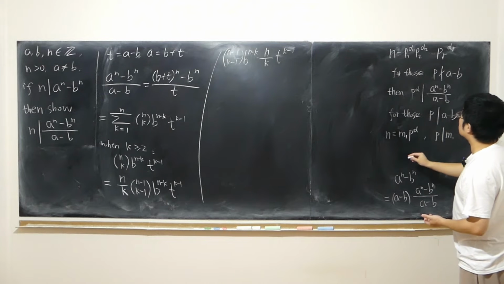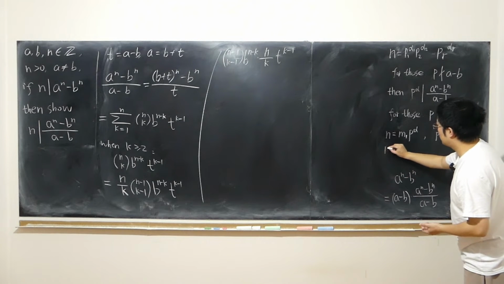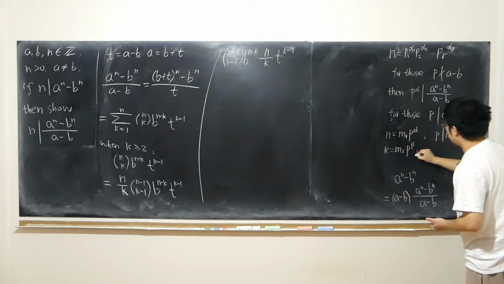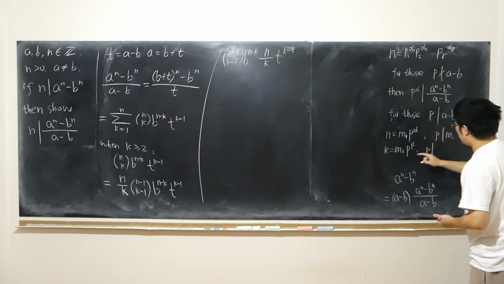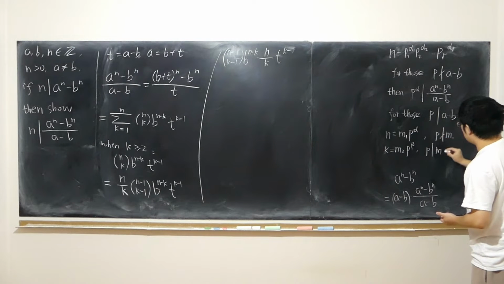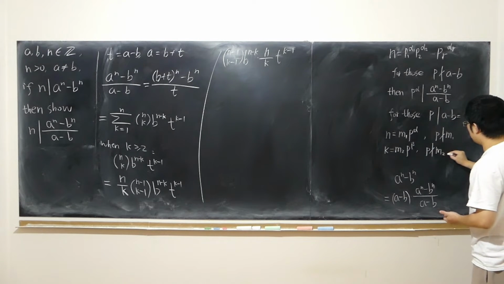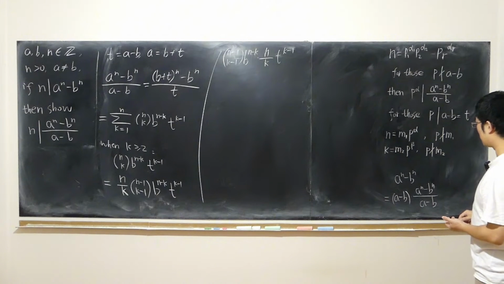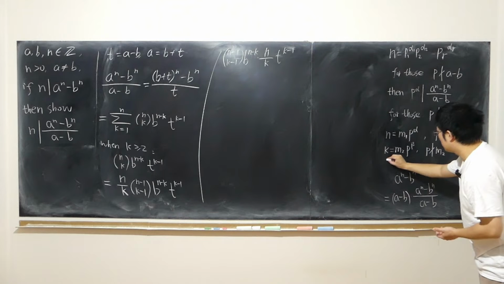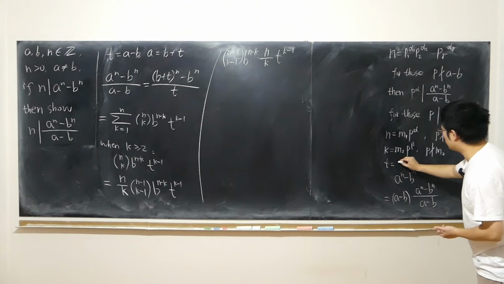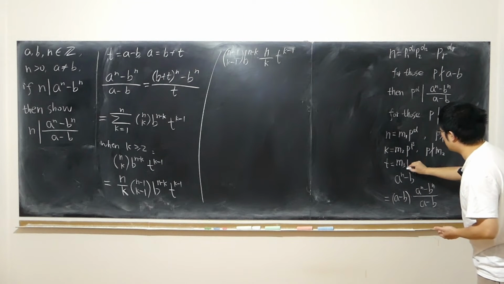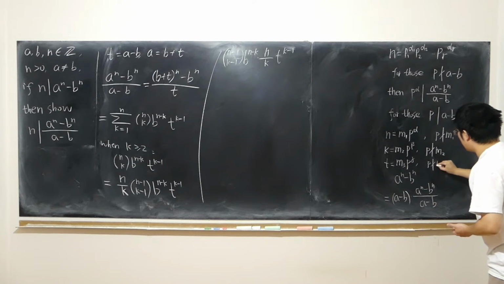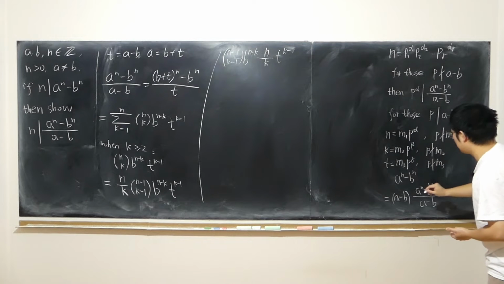Likewise, I rewrite k into m2 times p to the beta, where m2 doesn't contain any p. And I also rewrite t into m3 times p to the gamma, where p doesn't divide m3.